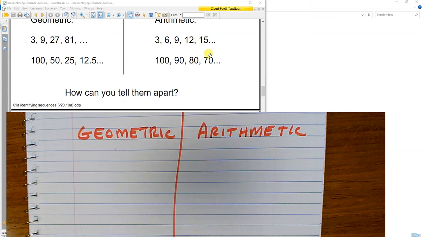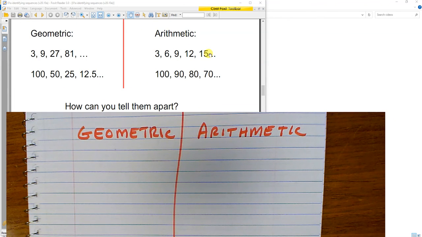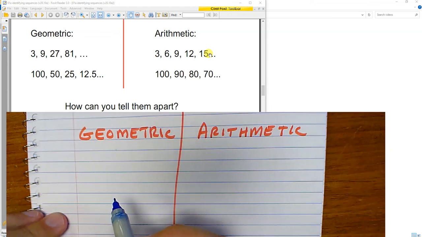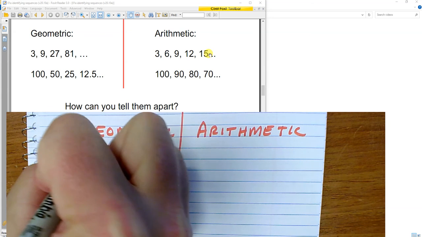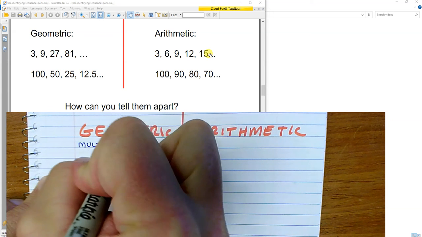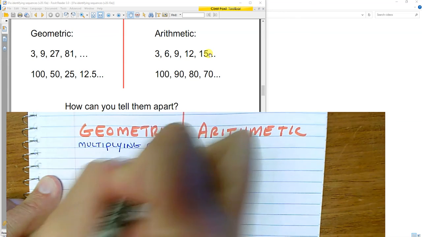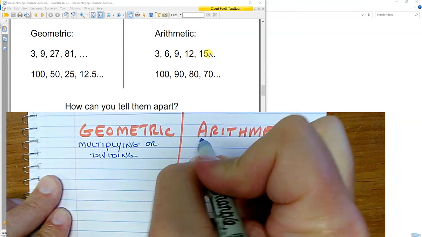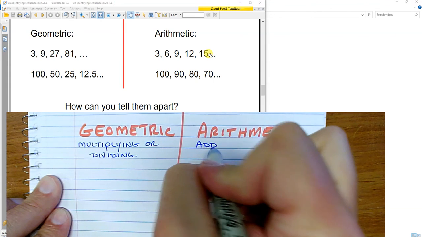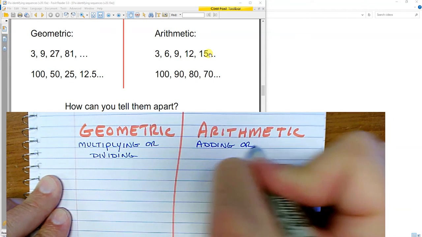So how do I tell them apart? Well, I can see that the geometrics have this constant multiplier. So geometrics are multiplying or dividing. And arithmetics are adding or subtracting.